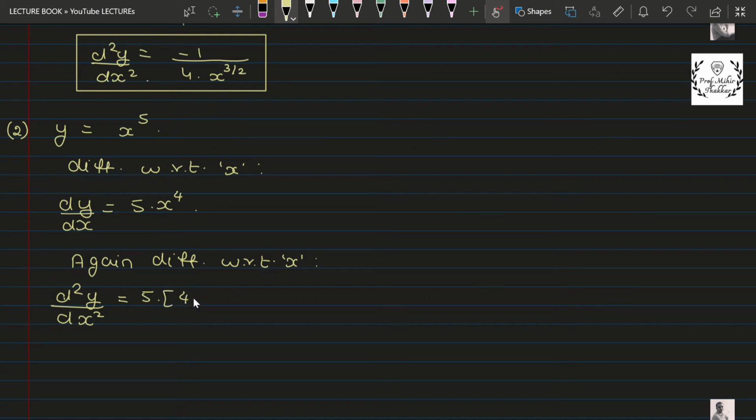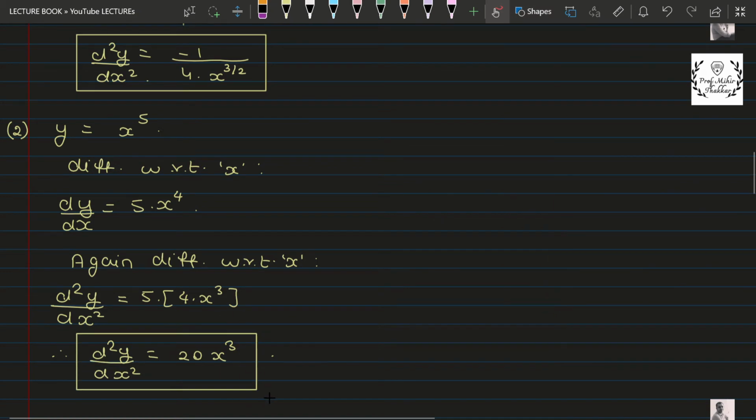This becomes 4 into x to the power 4 minus 1, which is equal to 4x cube. So ultimately you get your d square y by dx square is equal to 20 into x to the power 3. Now, what can be easier than this, guys? It's a very easy sum.